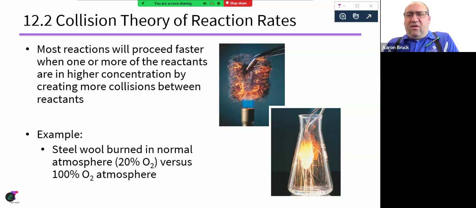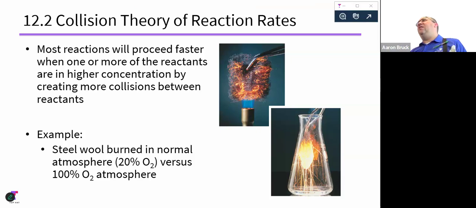And we can see that, for the most part, it is burning. We can see that the wool is glowing. And if we pull the wool out, we see that it has transformed. There is a black oxide coating on the steel itself. But the reaction itself is kind of slow. We'll see a couple of whispers of wool just breaking off.